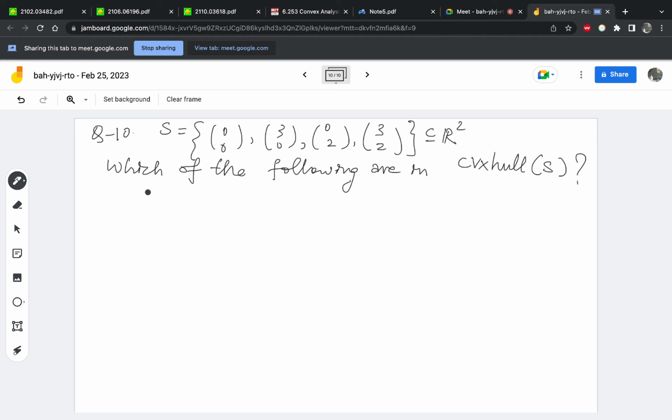And the options are (0, 4), (1, 1), (3, 1), (4, 4).